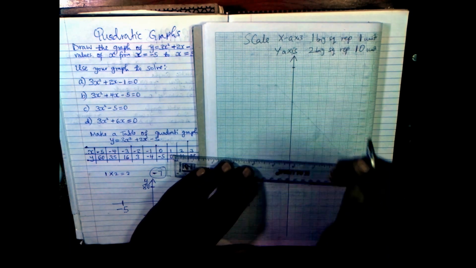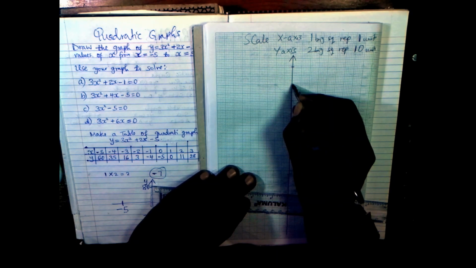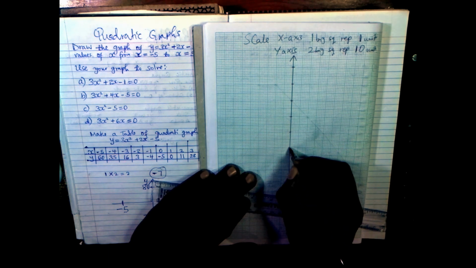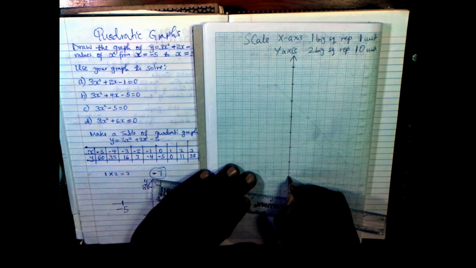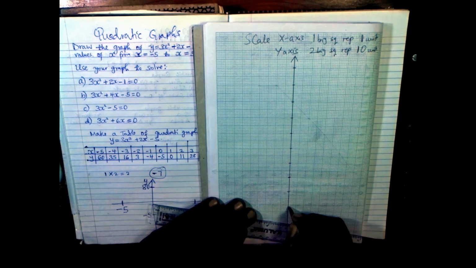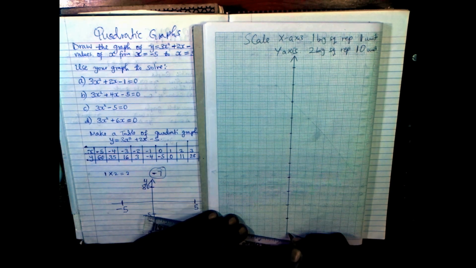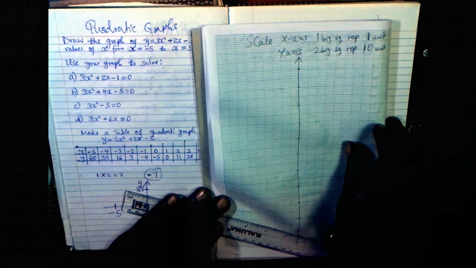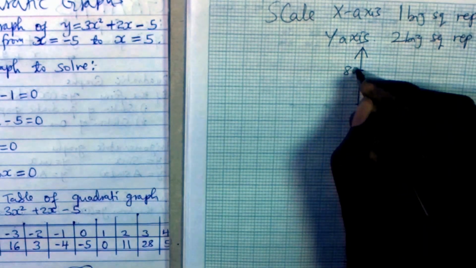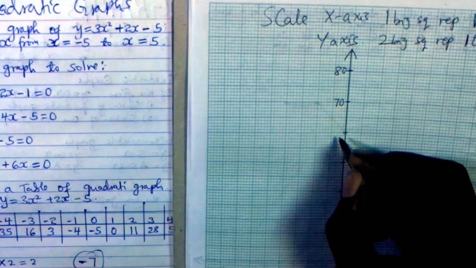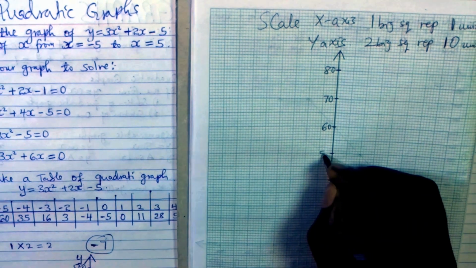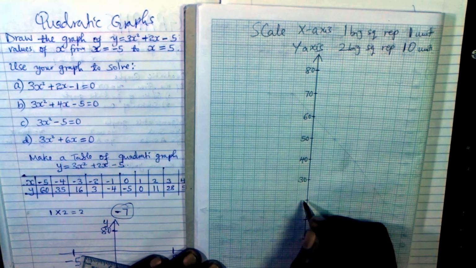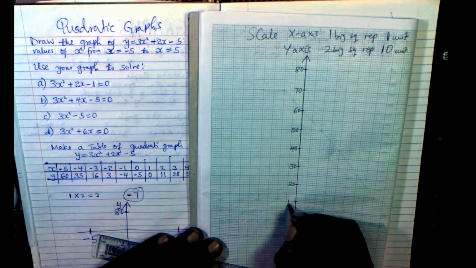So from the top, since the maximum value is 80, I write 80, 70, 60, 50, 40, then 30, 20, 10.